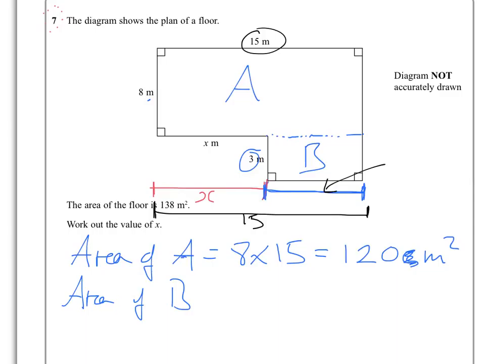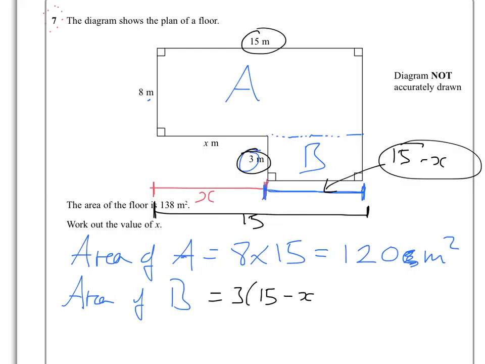So this distance is 15 take away x. So what we've got to do is 3 times 15 take away x, which is, 3 times 15 is 45, 3 times minus x is minus 3x.